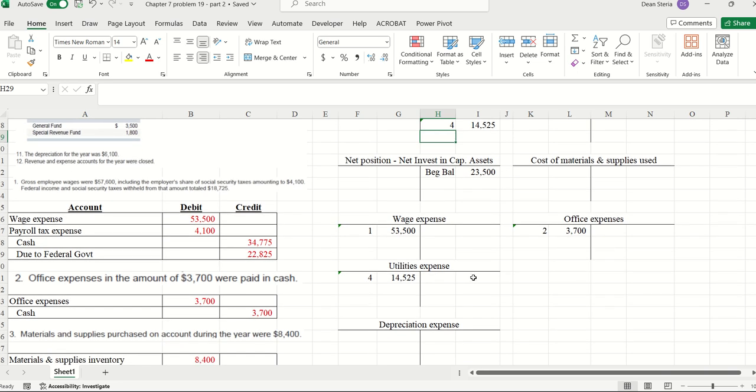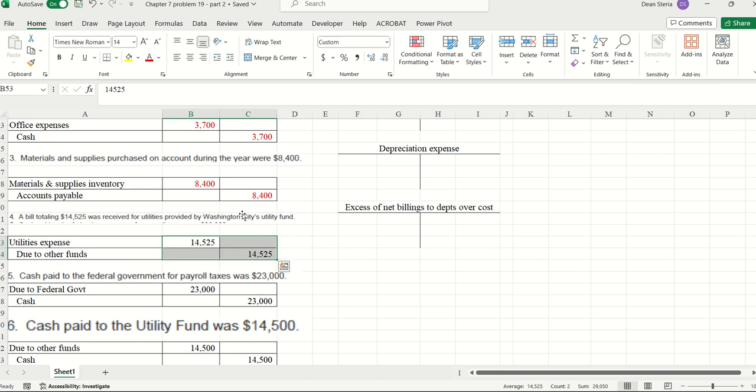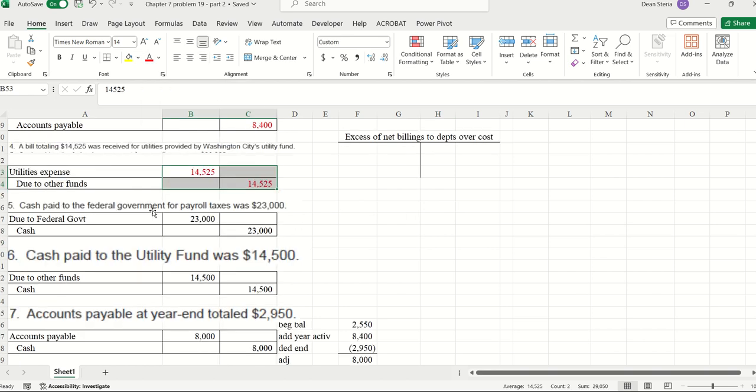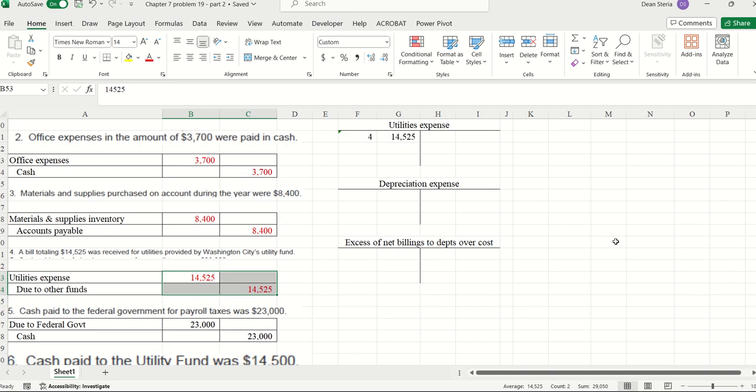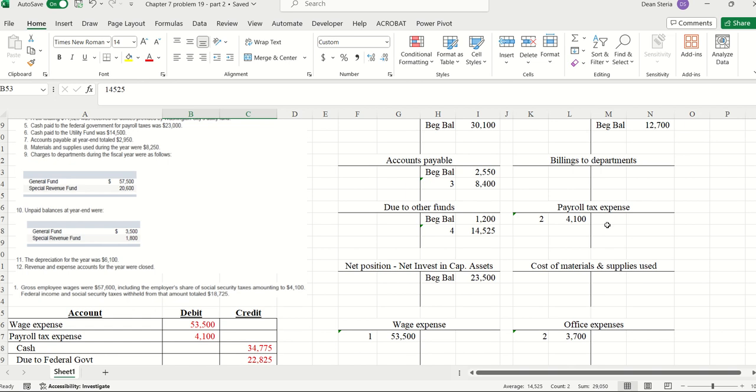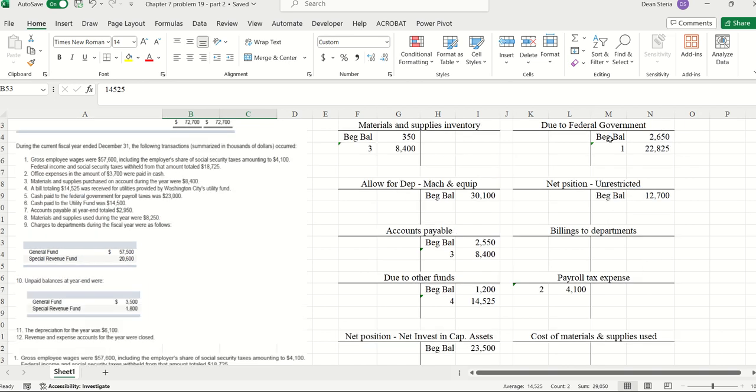Next one, let's take this one off here. Next one is cash paid to federal government for payroll taxes, $23,000. So somewhere here, due to federal government, we're going to debit that for $23,000.